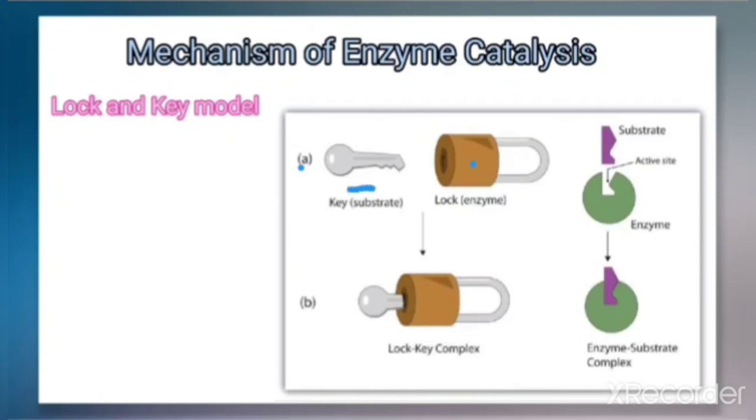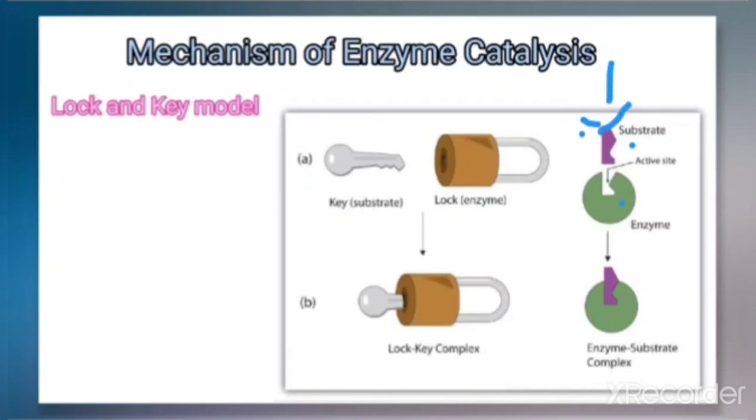Just like a particular key gets inserted into the hole of the lock, in the same way the reactant molecules, called the substrate here, have a complementary shape so that they can fit into the cavities present on the surface of the enzyme, called the active site.